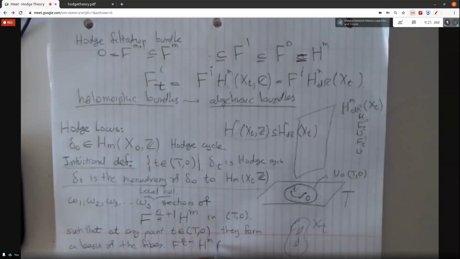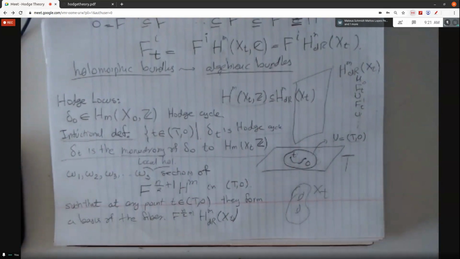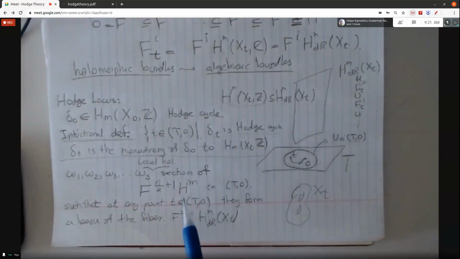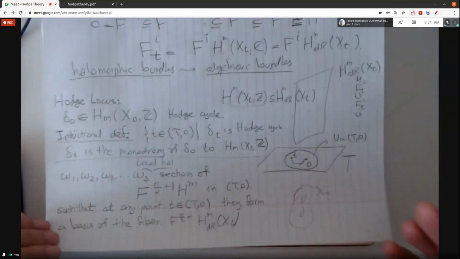So the fiber is this one, X_t. Anyway, in order to make a rigorous definition of the Hodge locus, I will take sections of this bundle, which at each point form a basis of these pieces. And once this is done, then we know what is the definition of our Hodge cycle.